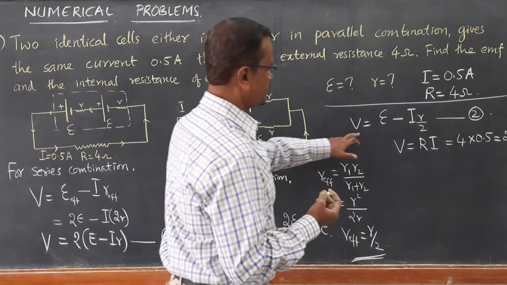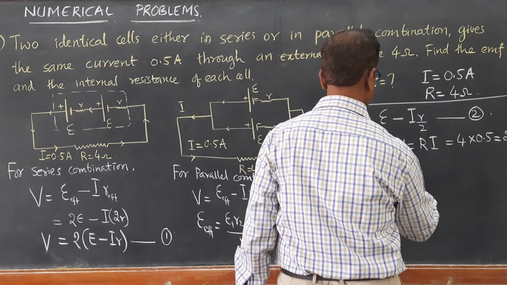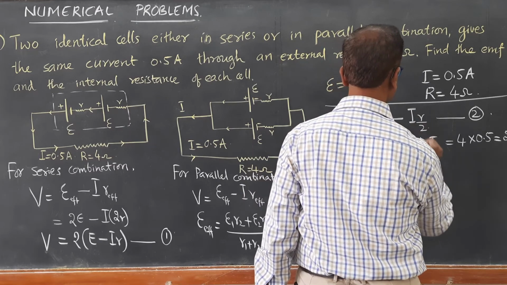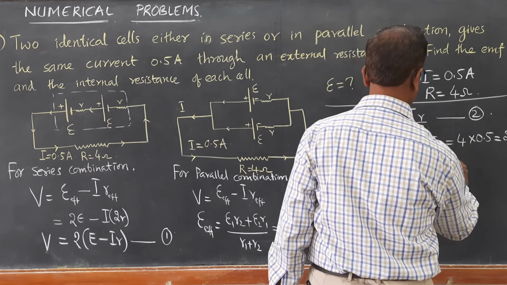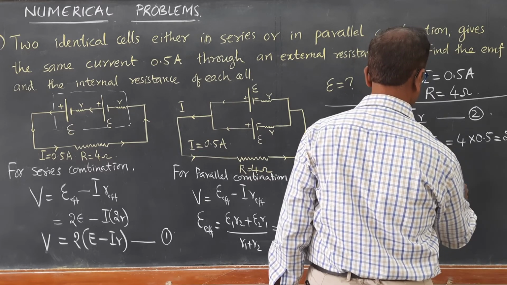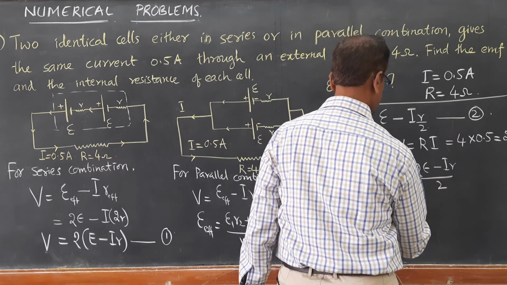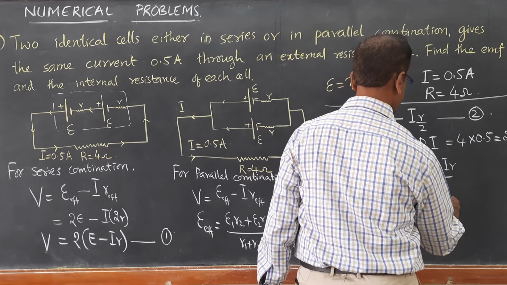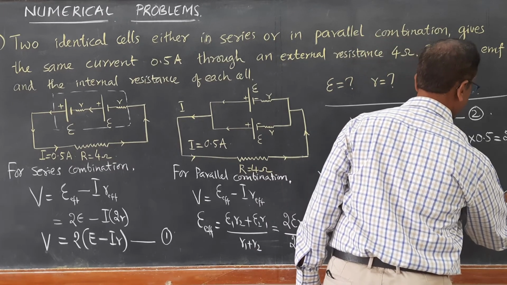Now, first I will write what equation 2 is. Equation 2 is V equal to E minus IR by 2. This can be written as 2V equal to 2E minus IR. So, you can make it a modified equation.